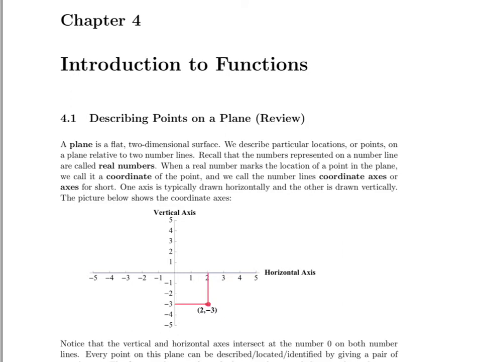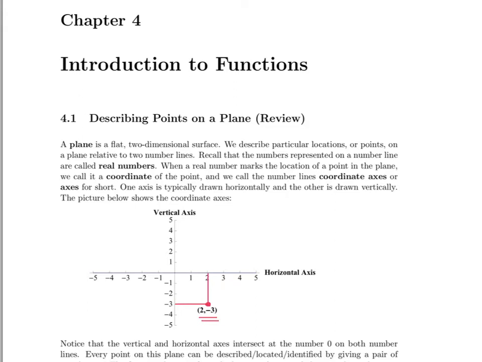So we can think of this point as lying at the intersection of 2 on the horizontal axis and -3 on the vertical axis. So the location of this point can be described by this pair of numbers, 2, -3.